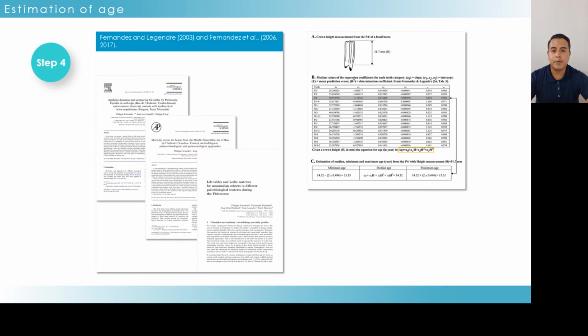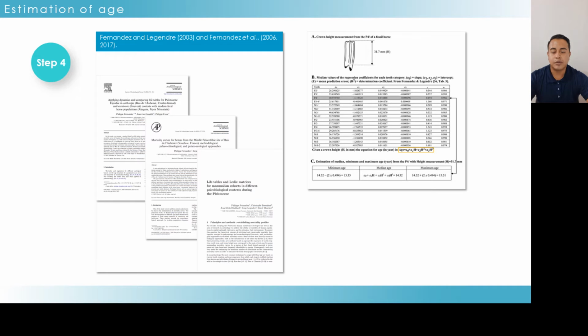2017. For example, for an upper fourth premolar, first we measured the crown height in millimeters. Then we located the median values of the regression coefficients for the upper fourth premolars in the table provided by Fernandez et al. 2017. These values, together with the measure of crown height, were substituted into the predictive equation.